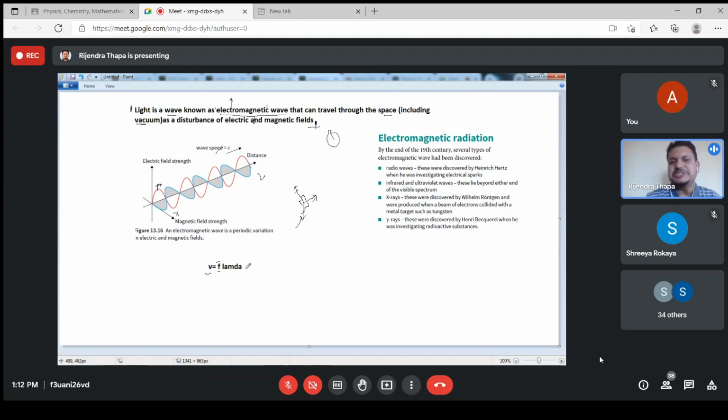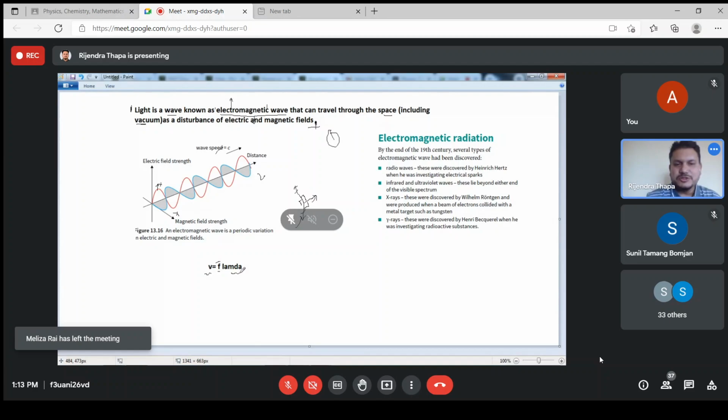So does the wavelength change or not? If velocity changes and frequency is constant, does the wavelength change as it goes from one medium to another? Yes, sir, it changes. Of course, lambda changes. So velocity changes, lambda changes, only frequency remains constant.